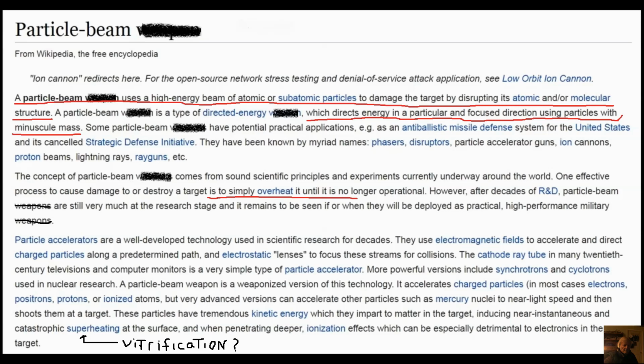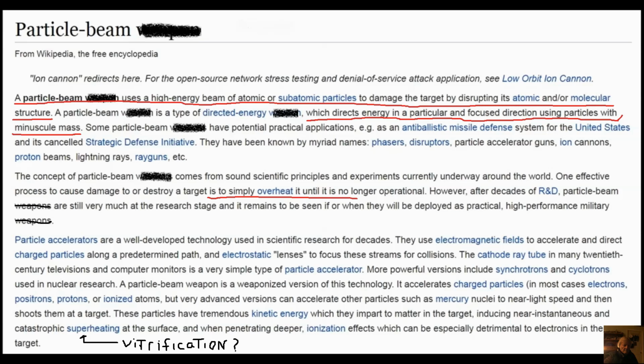It has not been primarily used for peaceful purposes, and so they're going in the other direction here. But basically, as I have underlined here, a particle beam uses a high energy beam of atomic or subatomic particles to damage the target by disrupting its atomic and/or molecular structure.